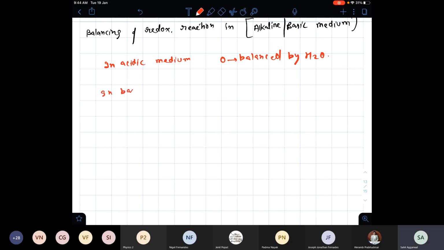In basic medium, oxygen is balanced by OH minus. Understood?